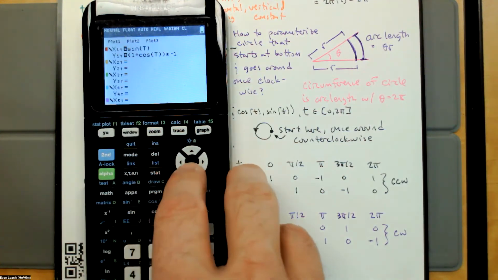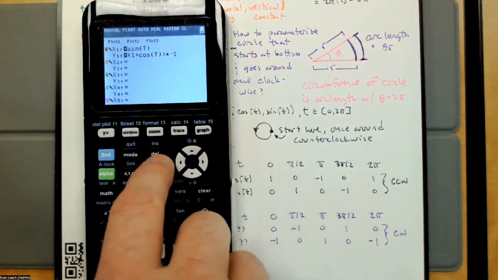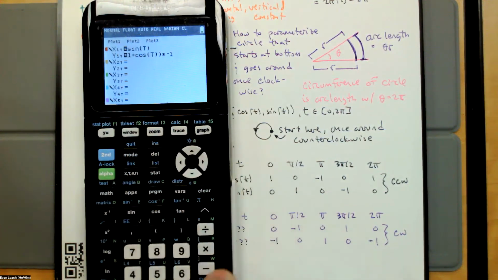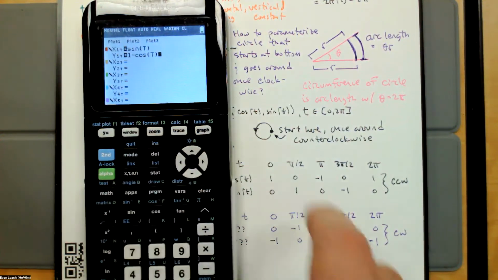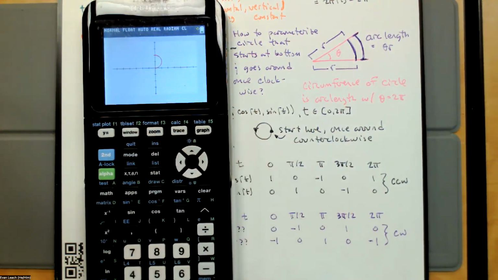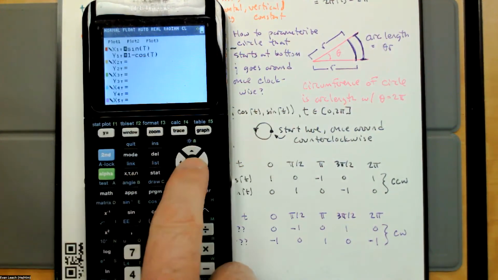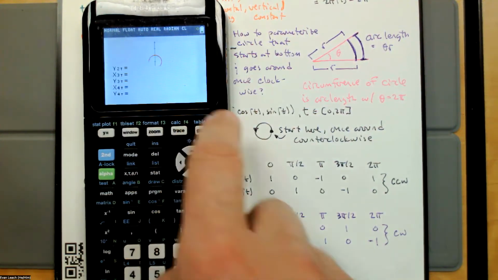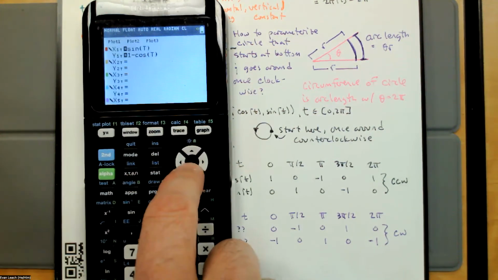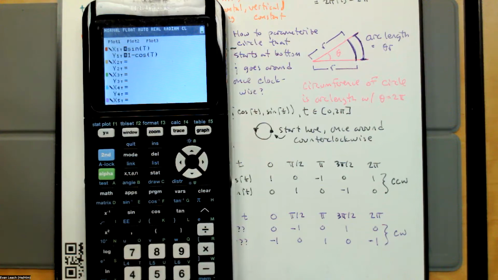That's not what I want, so I'll get rid of multiplying everything by negative 1 and just multiply the cosine by negative 1. Oops, now we're going counterclockwise again.